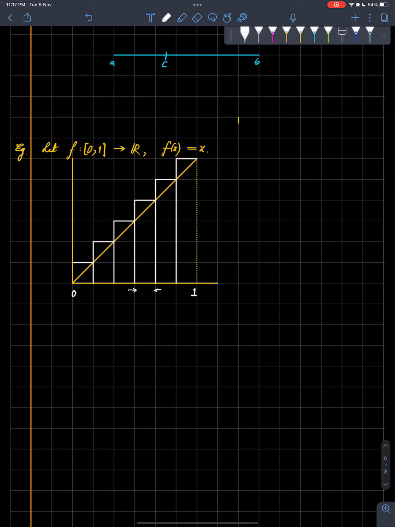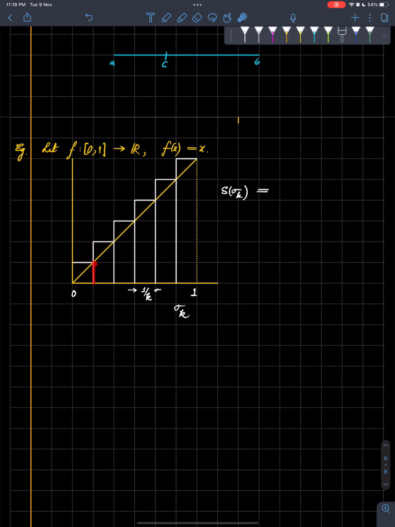This length is 1 by k. Took a long time to draw it. So that is how we have the subdivision. This is the kth subdivision, call it sigma k. So S sigma k is what? S sigma k is this value times that length, this value times that length, and then that value times that length.